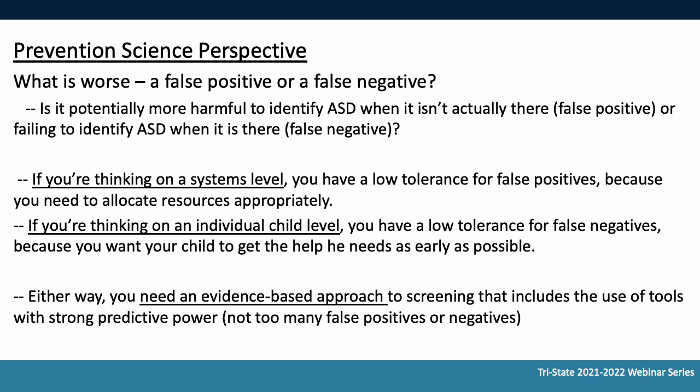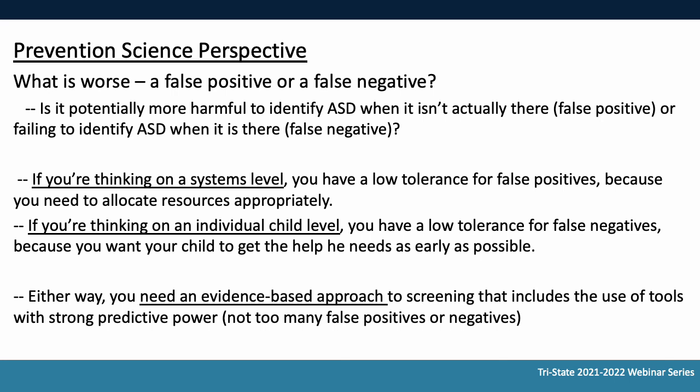So while getting the information early, delivered sensitively, has been demonstrated to be associated with positive outcomes for parents, we also can consider a prevention science approach to why it's important to identify early. In prevention science, you're often asking yourself a question: what is worse when I'm trying to identify a condition?